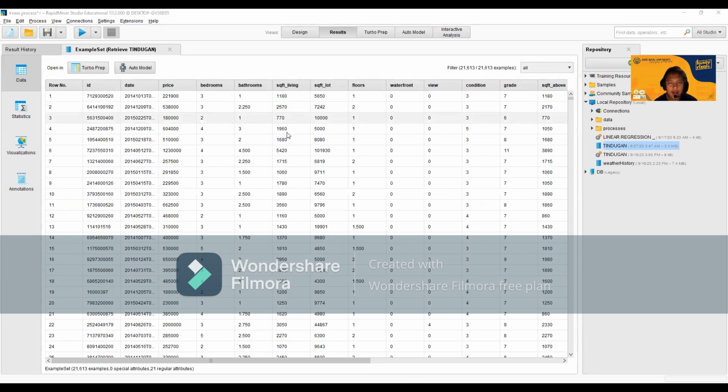As you can see here, we need to perform a correlation matrix analysis using RapidMiner. I excluded certain attributes from consideration, such as binary attributes like this one here.